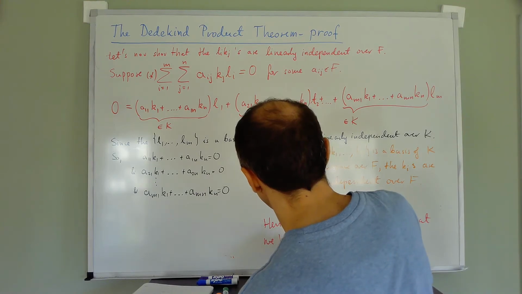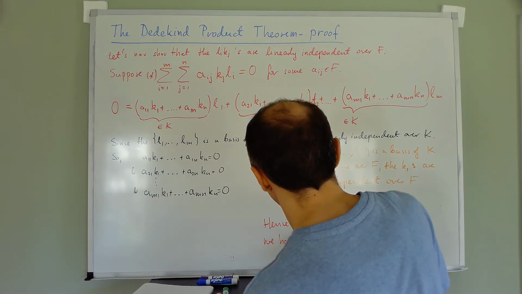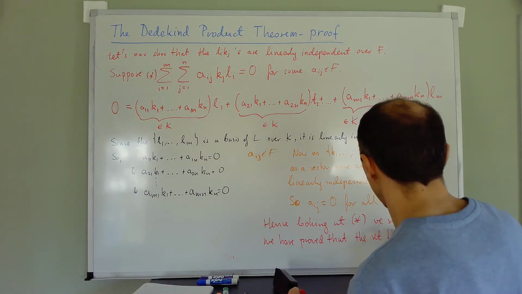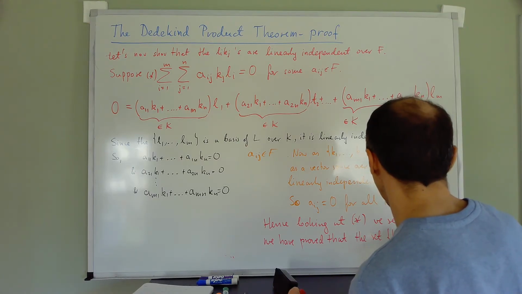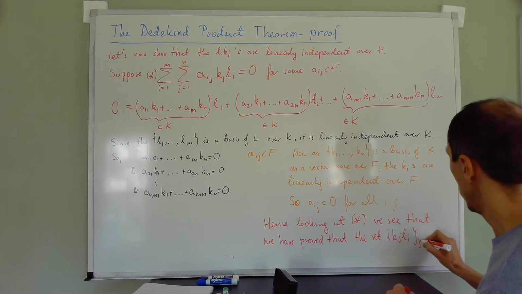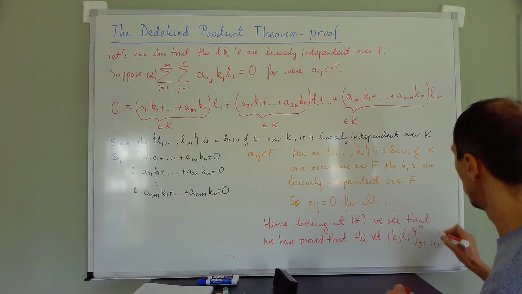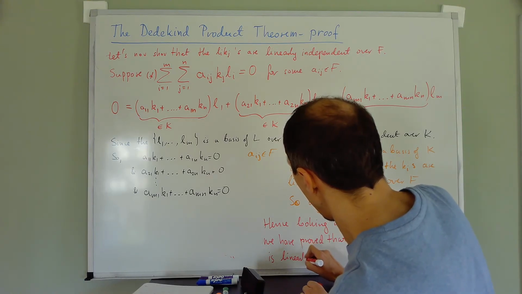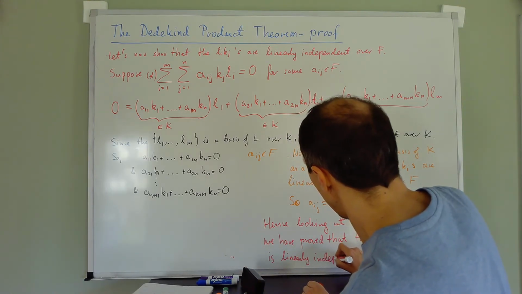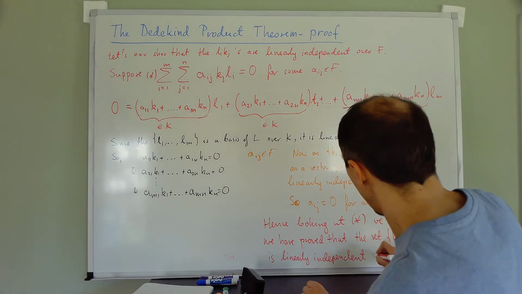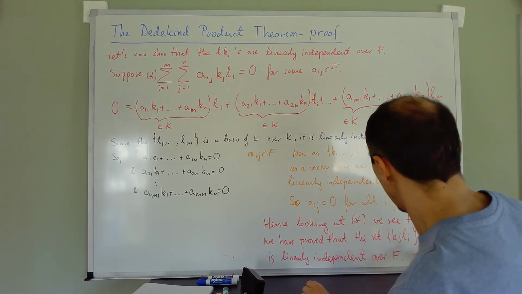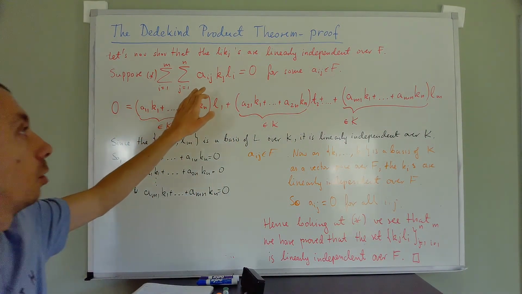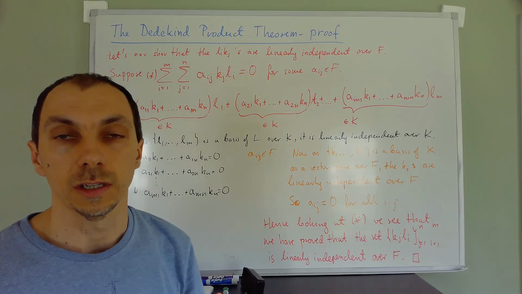we have proved that the set k_j l_i, where j goes from 1 to n and i goes from 1 to m, is linearly independent over F. Right, because we set it equal to 0, and we have now shown that all the coefficients in this equation must be 0.